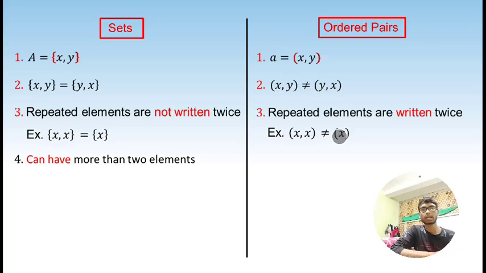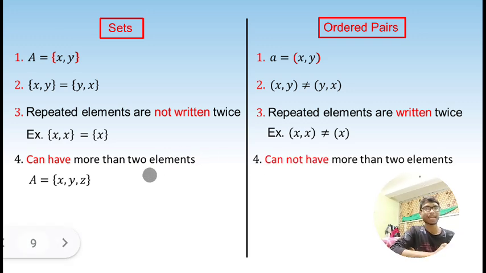Now next, a set can have more than two elements, as you can see {x, y, z}. But an ordered pair will have only two elements. Can it have more than two elements? No, it cannot.